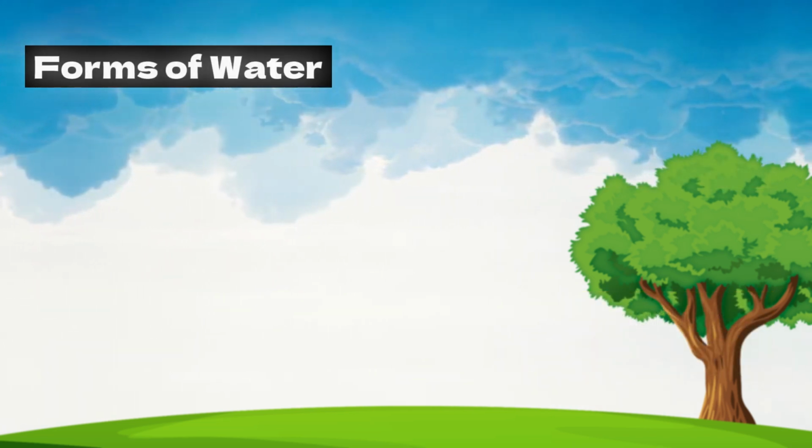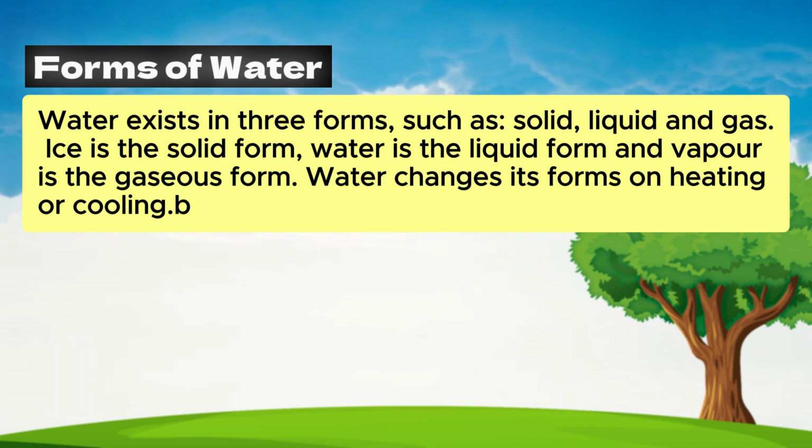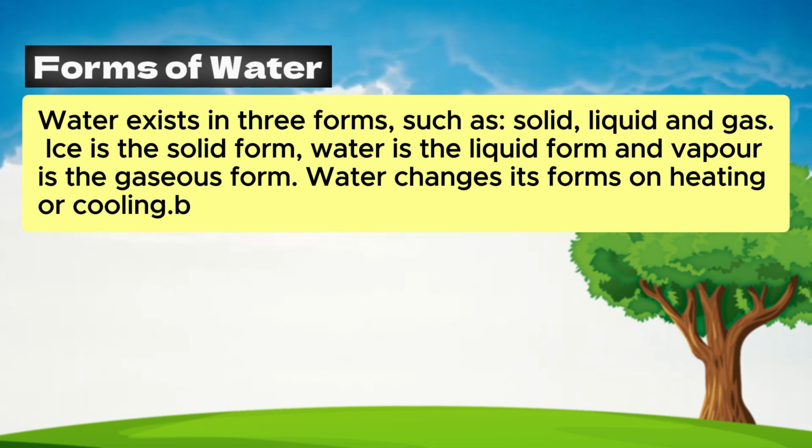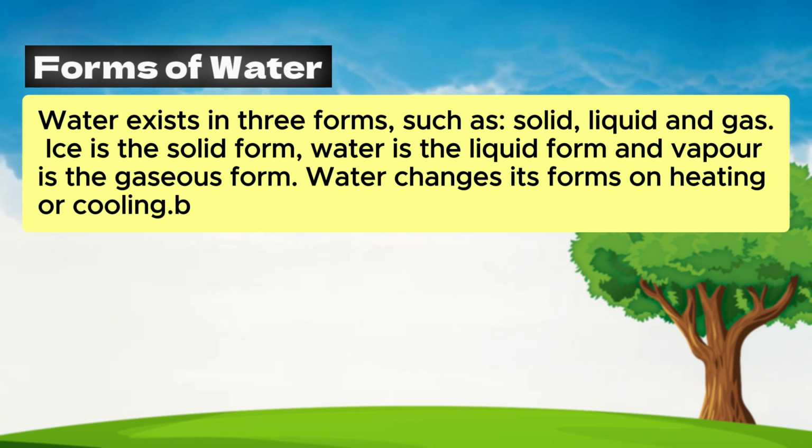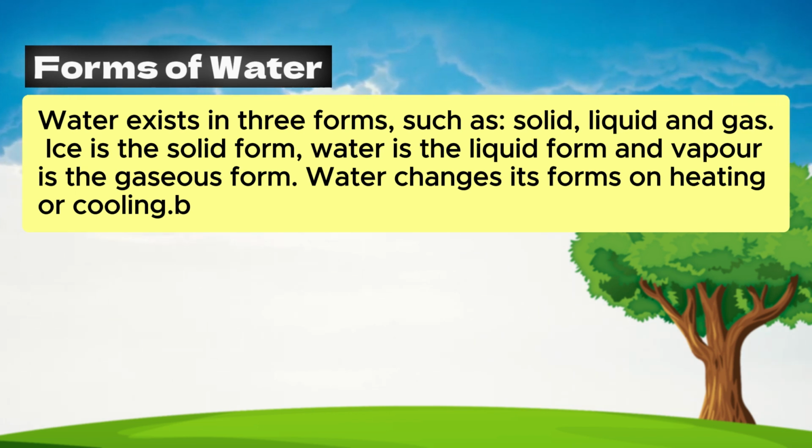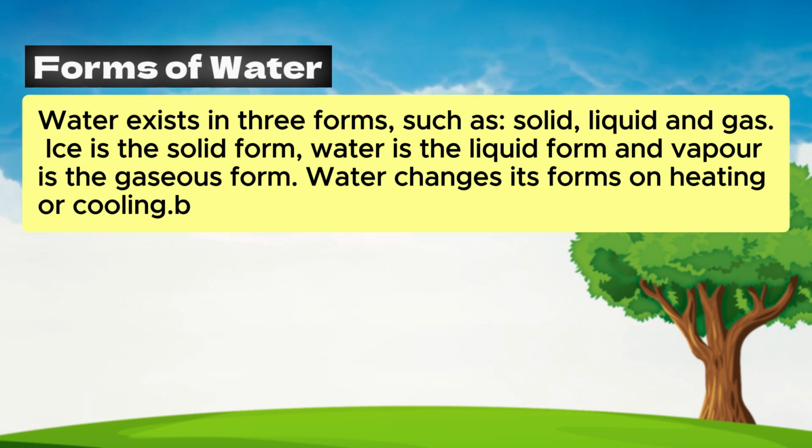Forms of water. Water exists in three forms such as solid, liquid and gas. Ice is the solid form, water is the liquid form and vapor is the gaseous form. Water changes its forms on heating or cooling.